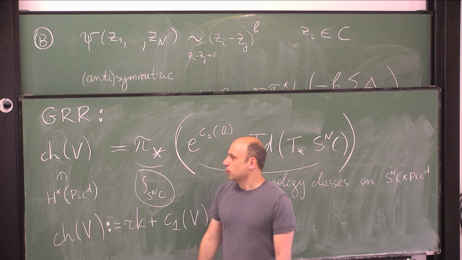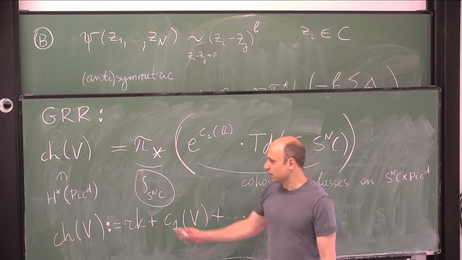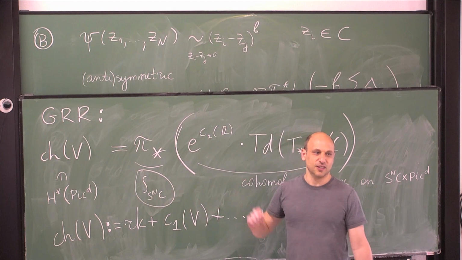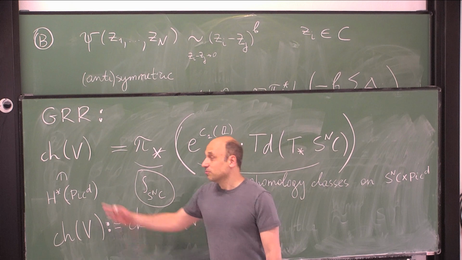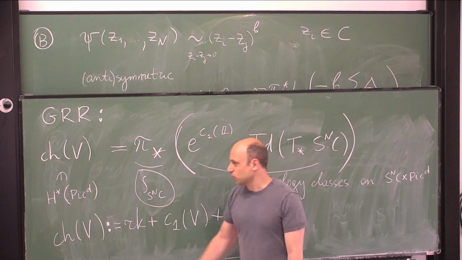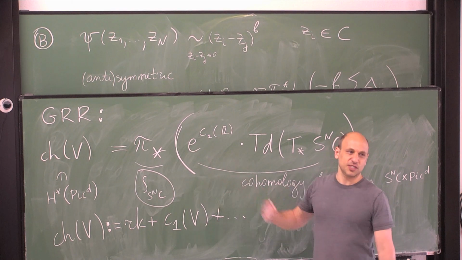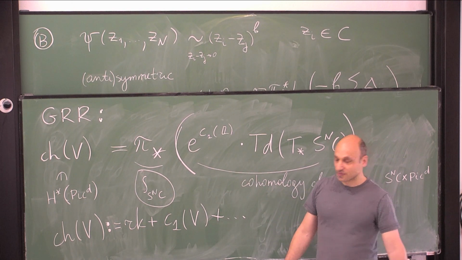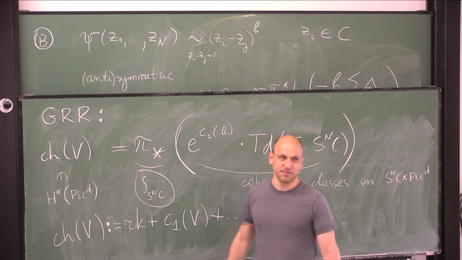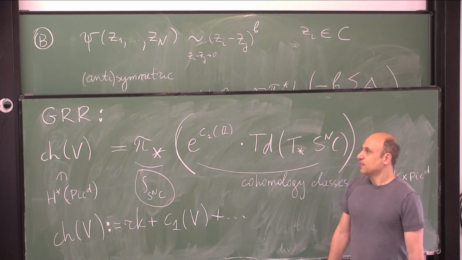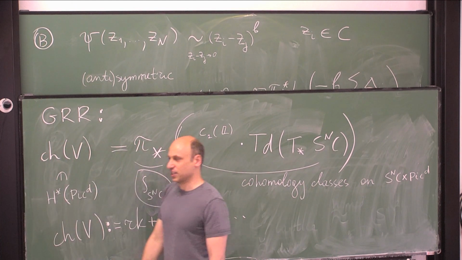It's a mixed degree cohomology class, so it starts with degree 0. In degree 0, it's just a number, which is the rank of the vector bundle. Then in degree 2, it's the first Chern class of the vector bundle. Then there's degree 4, degree 6, and so on. It goes up to degree 2g because this is of real dimension 2g. And what is V? V is the Laughlin bundle, the bundle of Laughlin states.